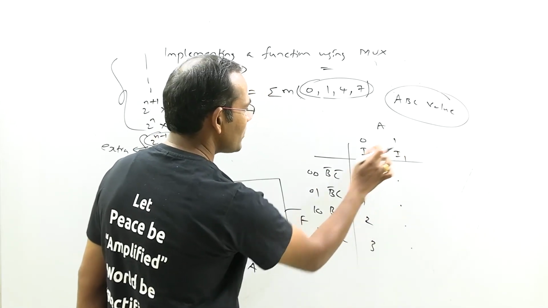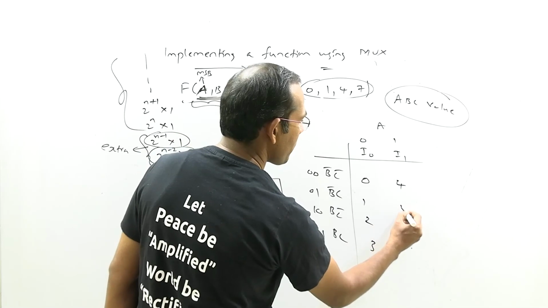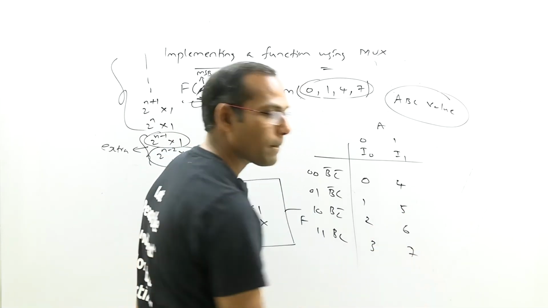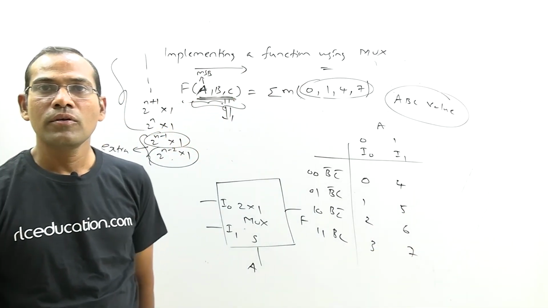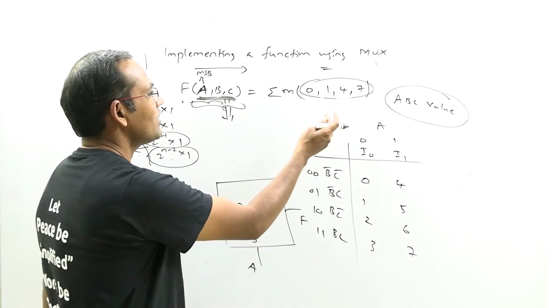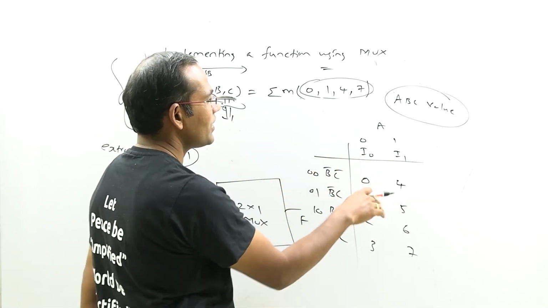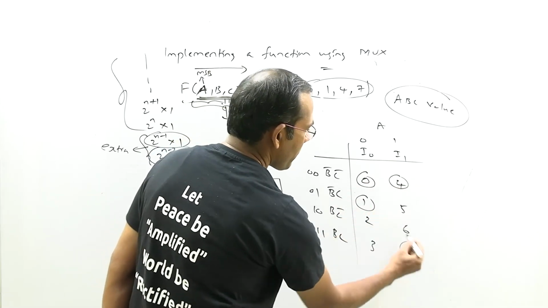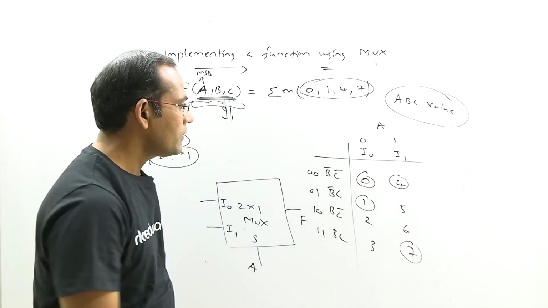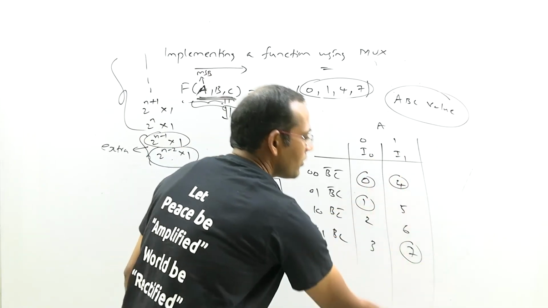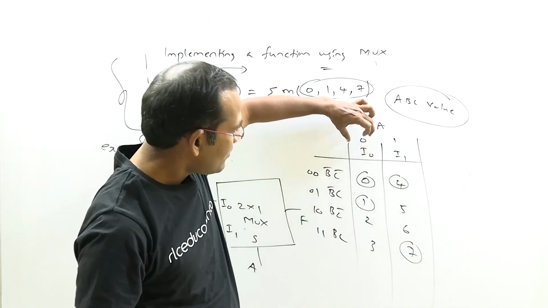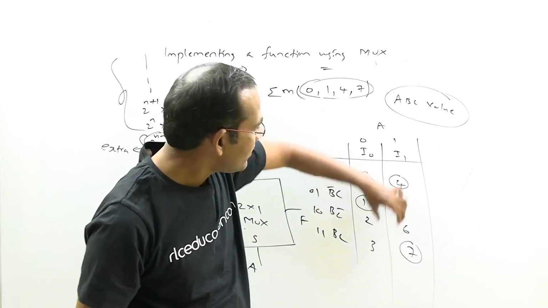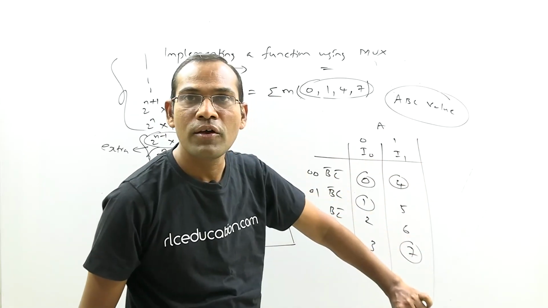Here ABC value is 1, 0, 0, 4, like this. Now circle these numbers in the table: 0, 1, 4, 7. Now I0 is identified from this column, I1 is identified from this column.